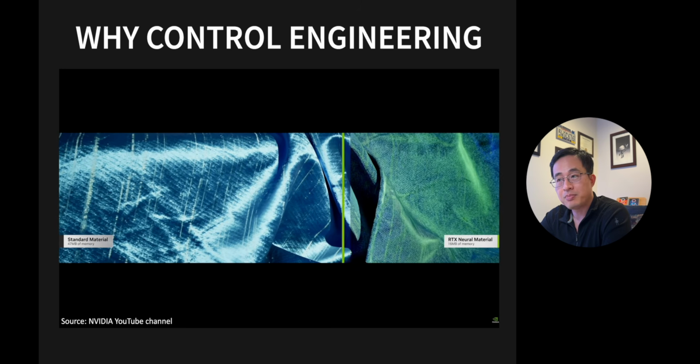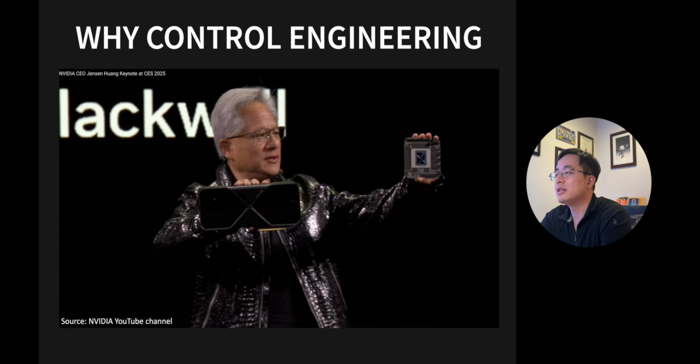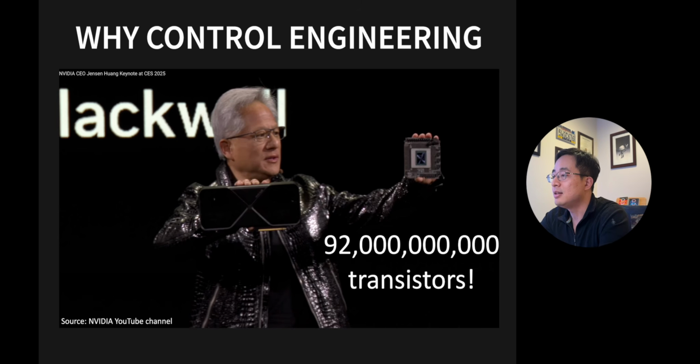The RTX Blackwell, the actual chip that generates these computer graphics, looks like this. The actual GPU at its core is about the size of a watch face. Yet, packed inside this tiny chip are an astonishing 92 billion transistors. This mind-blowing density is what makes the card's record-breaking speed and efficiency.